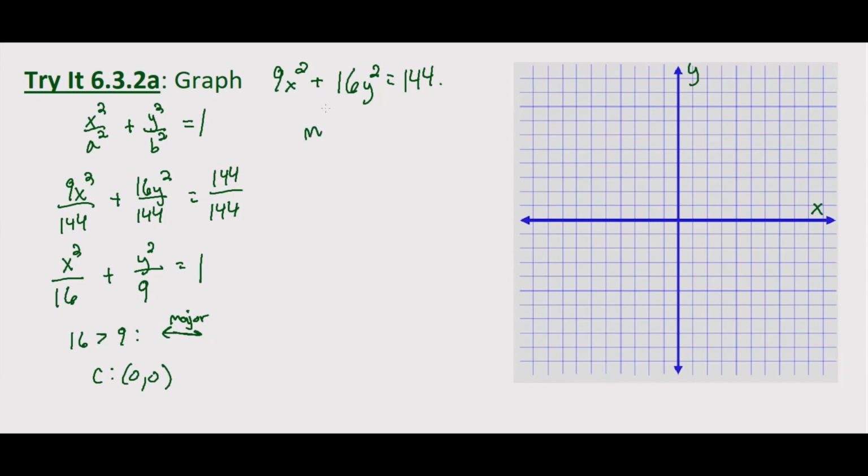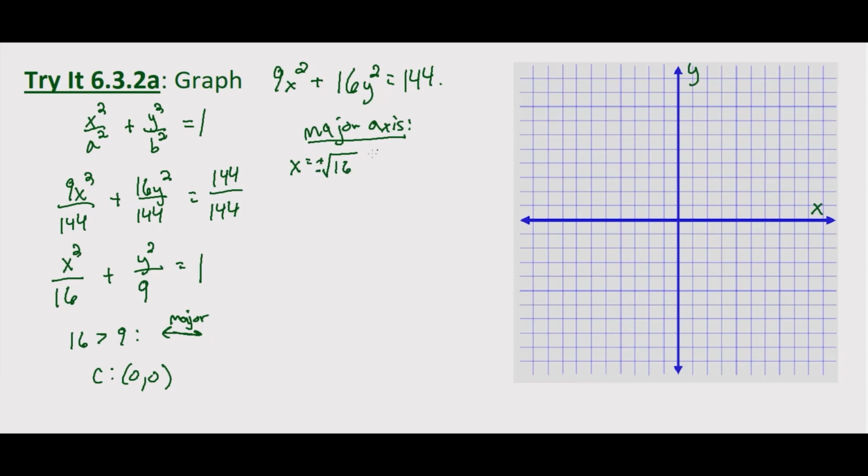So now let's find our vertices. So we first look at the major axis. Remember, 16 is greater than 9, so we'll start with x equals the square root of a squared, so the square root of 16.